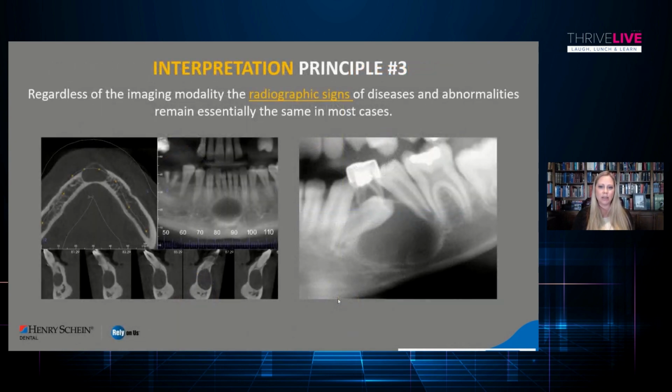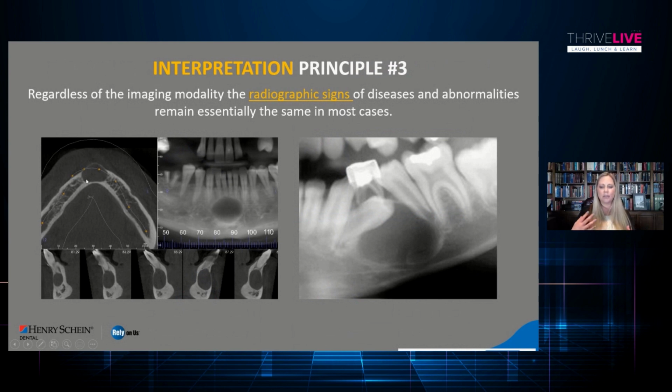So simple and easy. Principle number 3 is that regardless of our imaging modalities, the radiographic signs of disease are going to be the same. So, for instance, if I am looking at maybe a cystic process in 2D, it's going to look very, very much the same in 3D.